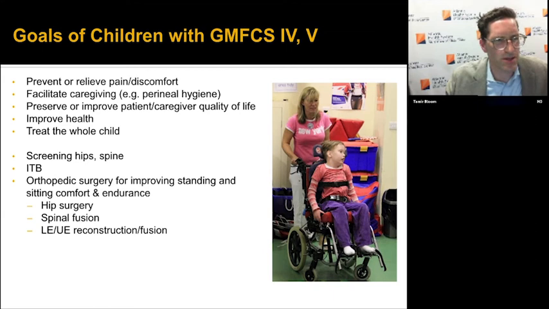We screen the spine and hips, intrathecal baclofen that is performed by, again, my neurosurgery colleagues, orthopedic surgery to improve standing and sitting comfort and endurance, hip surgery, spinal fusion, and lower extremity and upper extremity reconstruction and fusion.